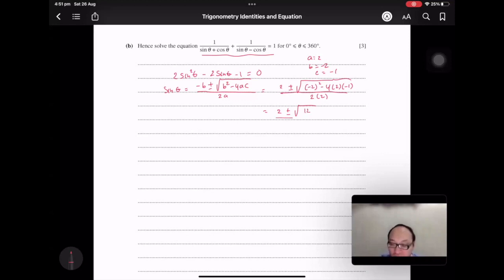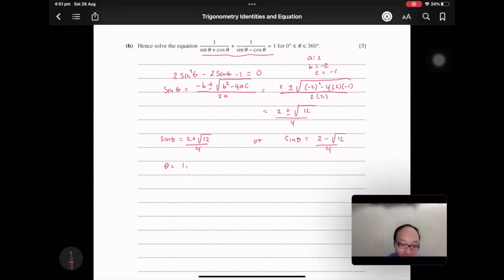So 2 plus minus square root of 12 over 4. That means sine theta equals 2 plus root 12 over 4, or sine theta equals 2 minus root 12 over 4. For the first one, 2 plus root 12 over 4 is greater than 1.